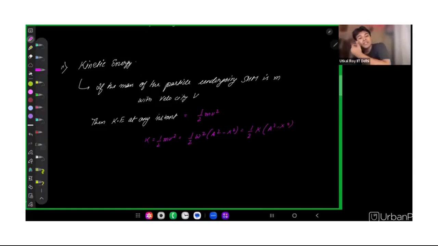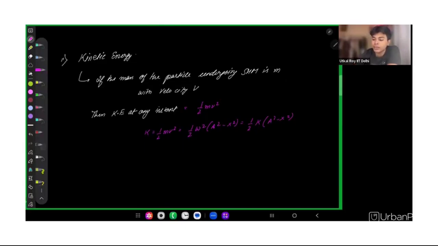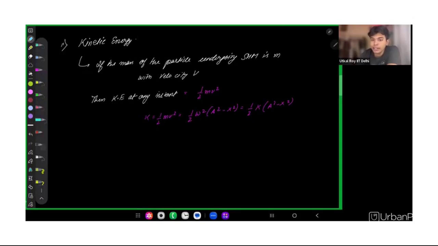Now, what does this mean, right? What is a, what is x? Here, A is the amplitude, and x is the distance moved till that point.